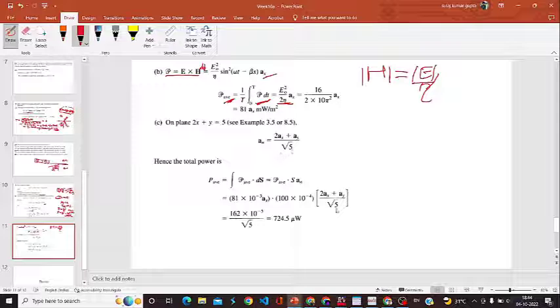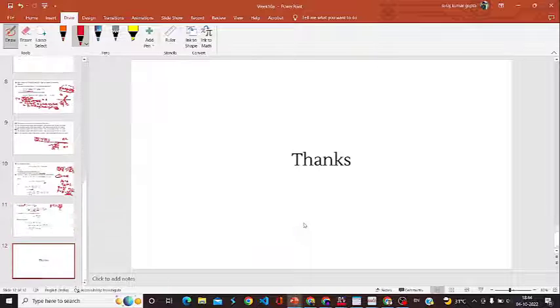Once you put in these values and take the dot product, the total power crossing through the area will be 724.5 microwatt. So this was the last problem.